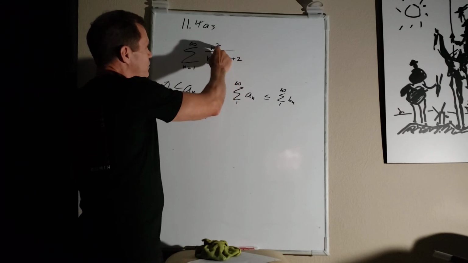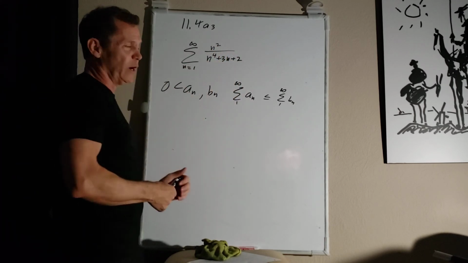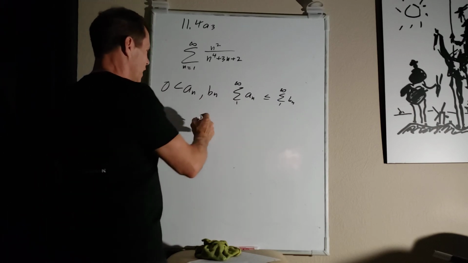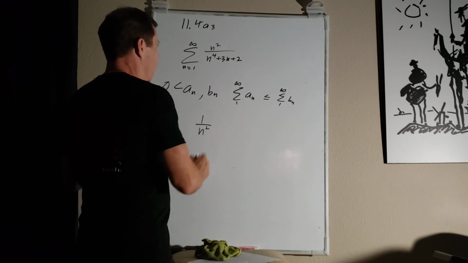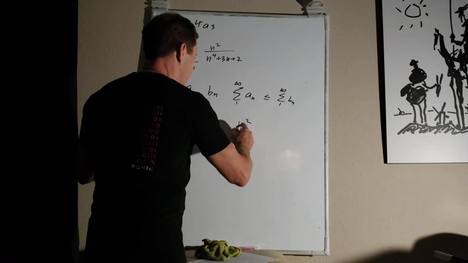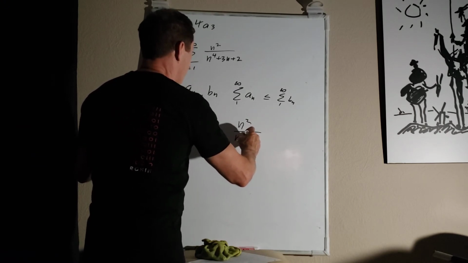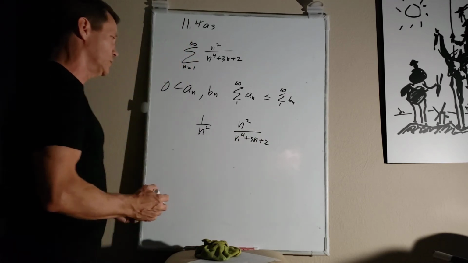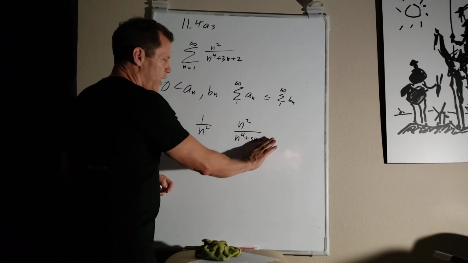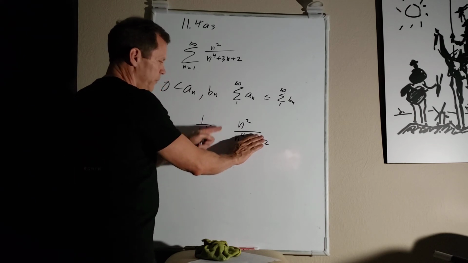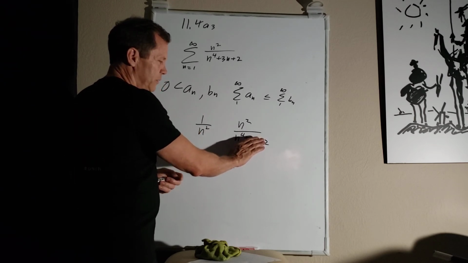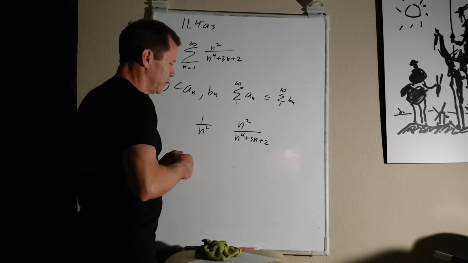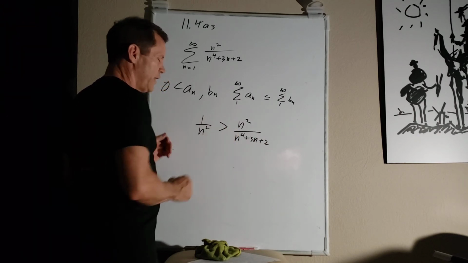If I ignored all this, that'd be 1 over n squared. So I think that guy is probably going to converge, and I'm going to compare it to 1 over n squared. Who's bigger? If I threw away all of this crud, those would be exactly the same size. But on this one, I made the bottom bigger, so this guy is actually smaller than that one.